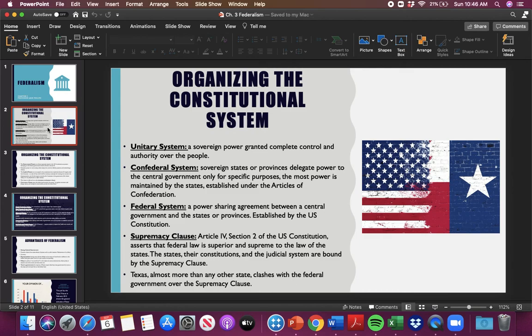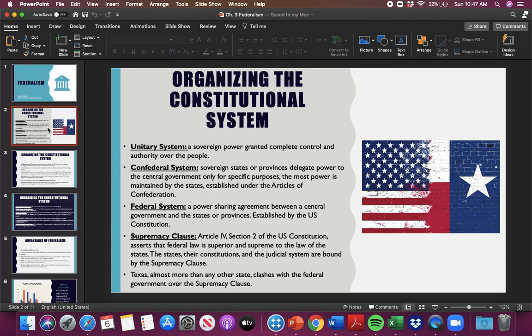If you remember back in 2015, we had Obergefell versus Hodges, which was the Supreme Court case that legalized gay marriage. Prior to that case, gay marriage was legal in some states and not legal in other states, and we were approaching a point where it was almost half and half.